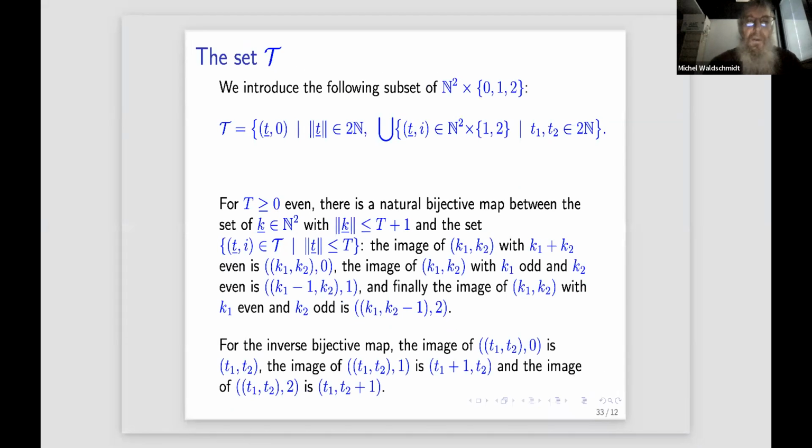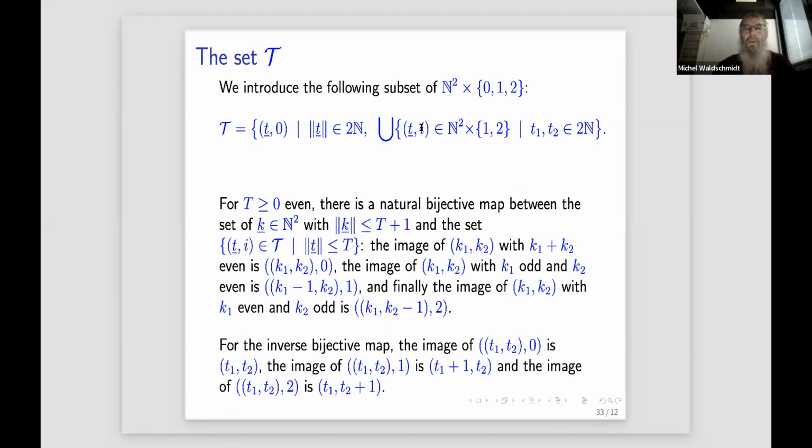I will take 3 points. E0 is 0,0, E1 is 1,0, and E2 is 0,1. And I will take the derivatives of the function of two variables with respect to the t, which is t1, t2, with the length which is even.